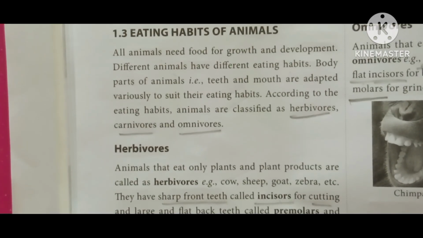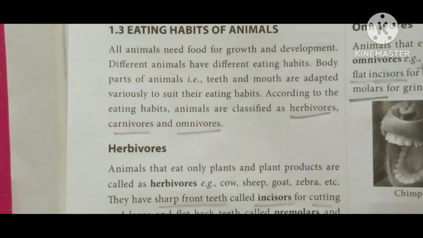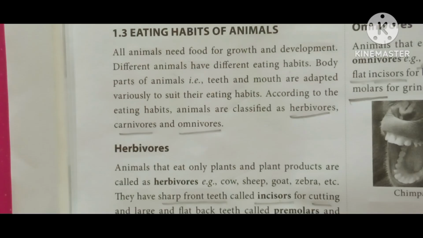Coming to the next topic, we have finished body coverings of animals so far. The next topic we are going to cover is eating habits in animals. So all animals are not the same. Some animals eat only plants, but some animals can eat other animals.